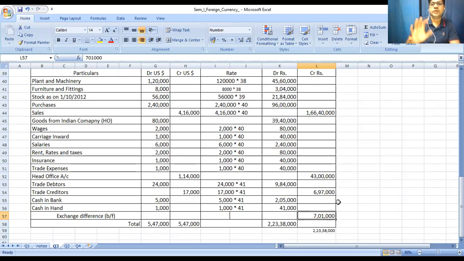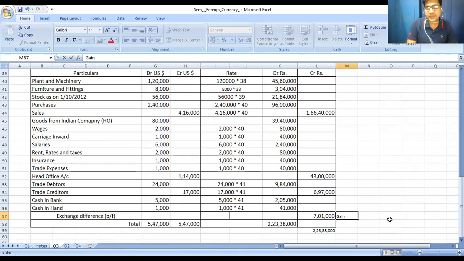First of all, keep one thing in mind: if the exchange difference comes on the credit side, it is considered a gain. If it is on the debit side, it is considered a loss. Here in our problem, the exchange difference came on the credit side of the trial balance, so it is a gain.